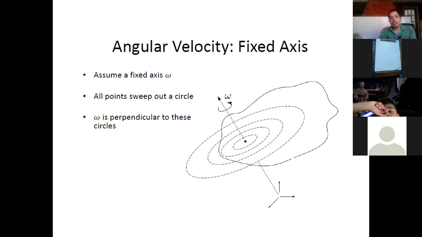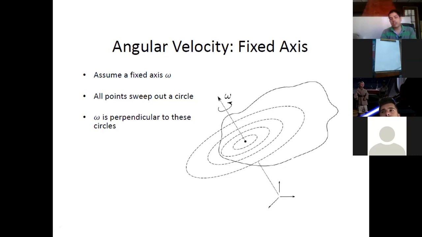One thing we can conclude about all those circles is that the axis is perpendicular to all those circles. The circle is a 2D figure, right? So perpendicular to that 2D figure, which is the circle, there is an axis which is fixed and about which the entire rigid body is rotating.